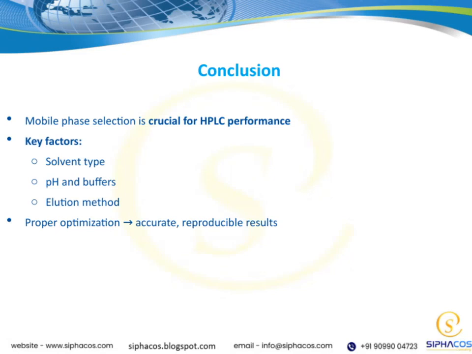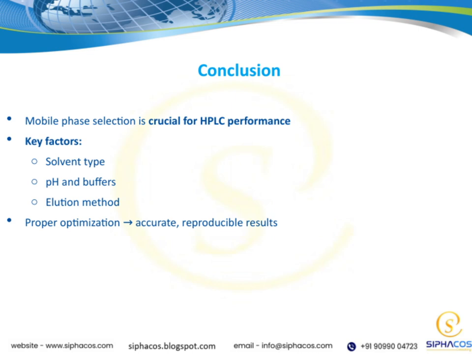So, as we wrap up, I want to emphasize that the choice of the mobile phase is absolutely crucial for achieving optimal HPLC performance. The key factors we need to consider include the type of solvent we select, because it directly influences the separation efficiency. Then, there's the pH and the buffers we use. These can dramatically affect how compounds interact with the stationary phase.